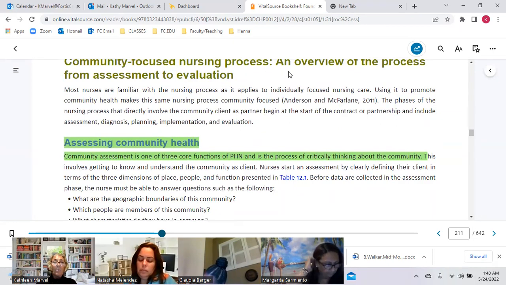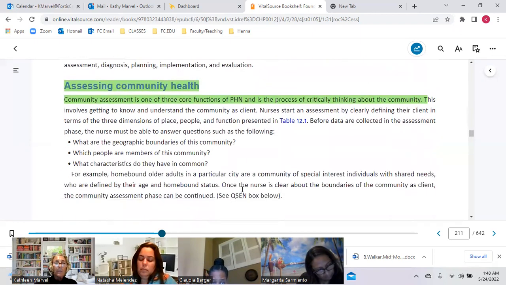Let's go through an overview of the process from assessment to an evaluation. So this is your whole ADPIE of doing a community assessment. Okay. First is your assessing. Community assessment is one of the three core functions of public health nursing, PHN. Right? It's actually the process of thinking critically about the community.